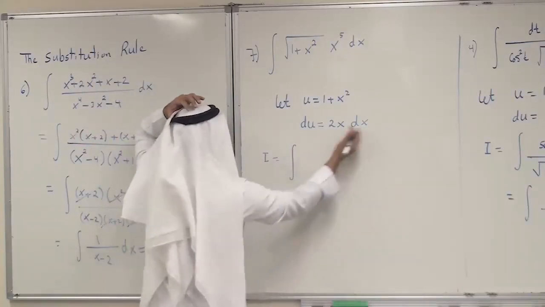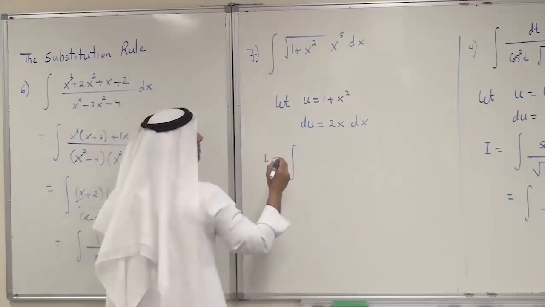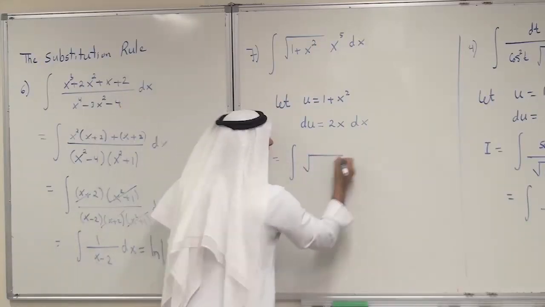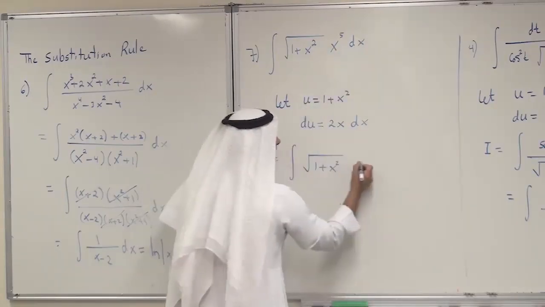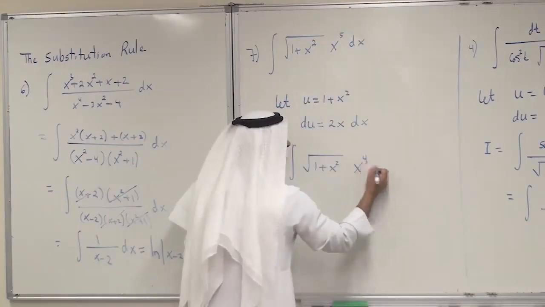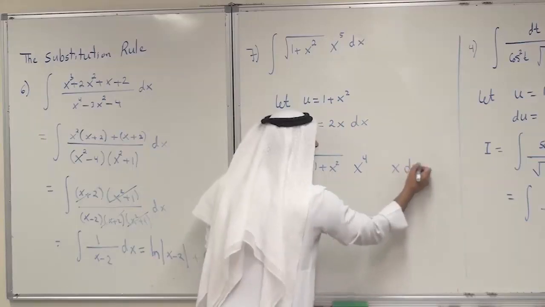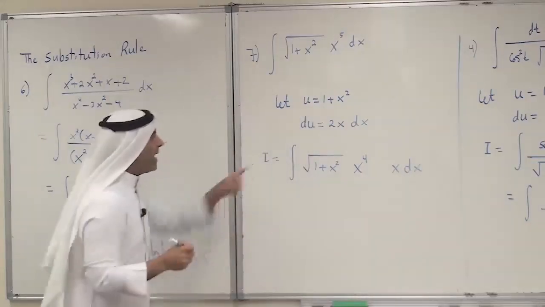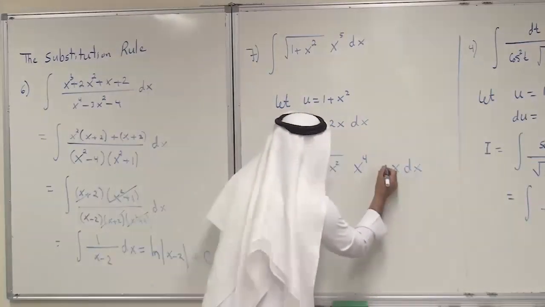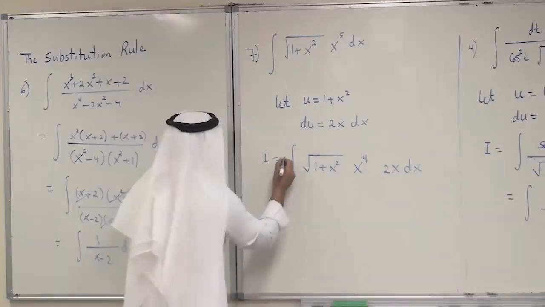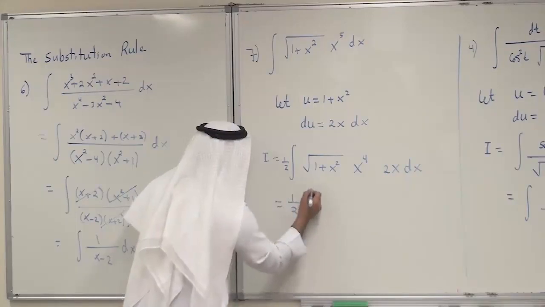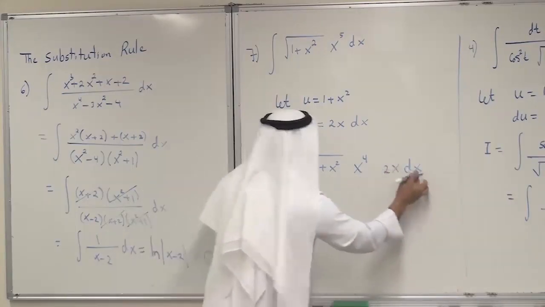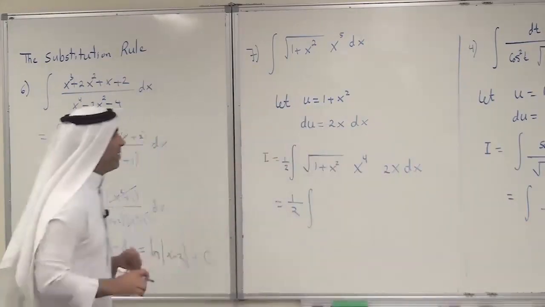I need to separate x dx, so I will go back and write it as 1 plus x squared, and I will separate x, so that will give me x to the power 4 times x dx. This is what I need, okay? I need 2 somewhere here, so I will multiply by 2 and divide by 2. Okay, I have 2x dx, this is du, fine.